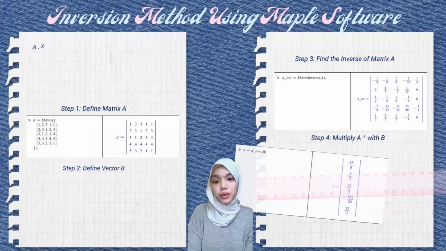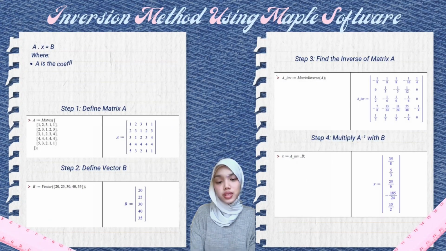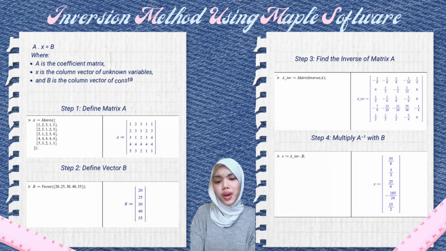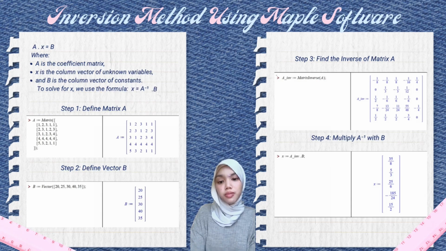In this part of our video, I will be explaining how to solve a system of linear equations using the inversion method, step by step by using Maple. We are given a system with 5 equations and 5 unknowns. In matrix form, this is written as A multiplied by x equals b, where A is the coefficient matrix, x is the column vector of unknown variables, and b is the column vector of constants.